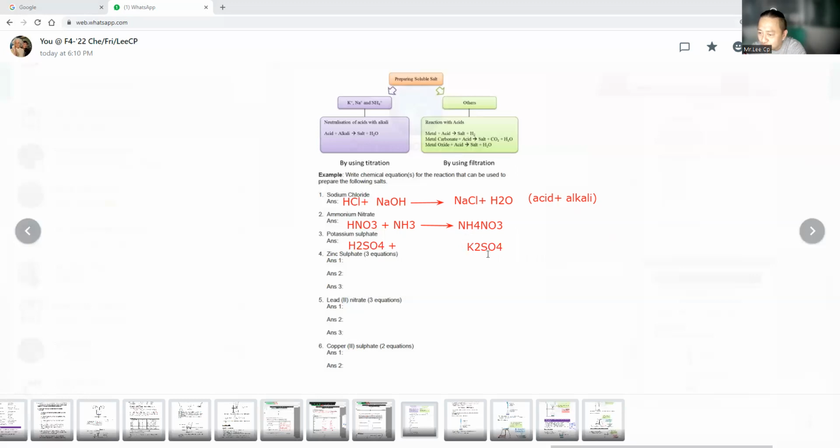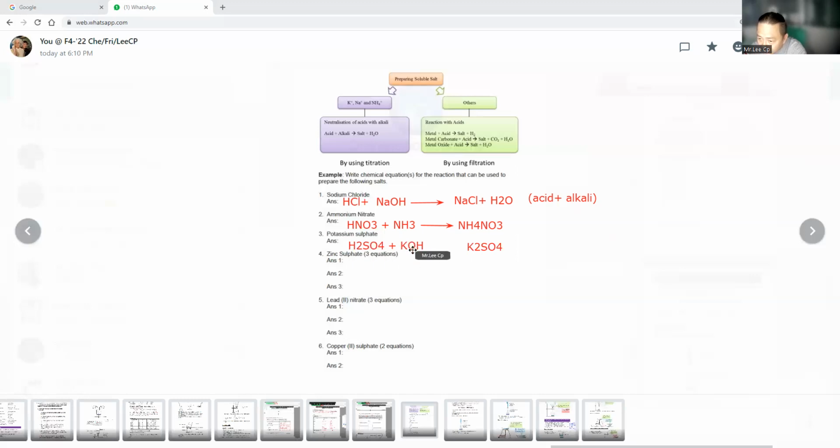K2. So KOH. This is acid, this is alkali.